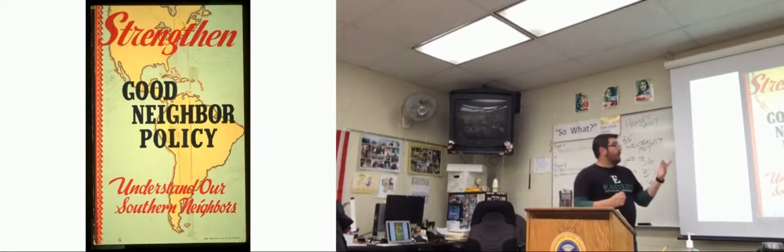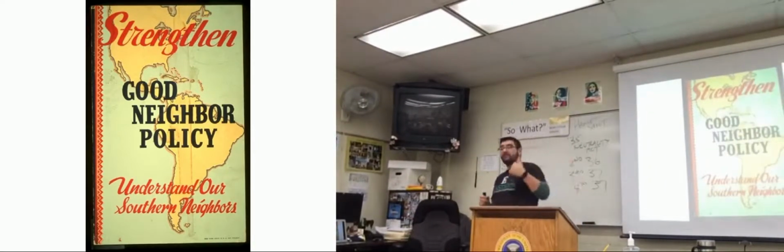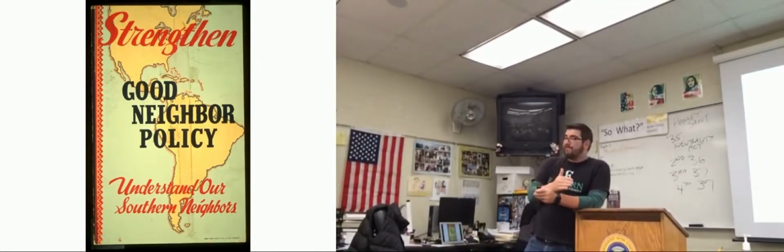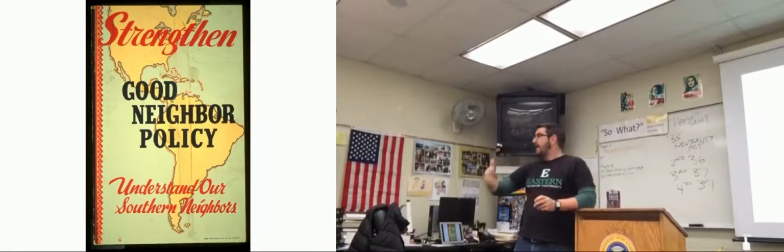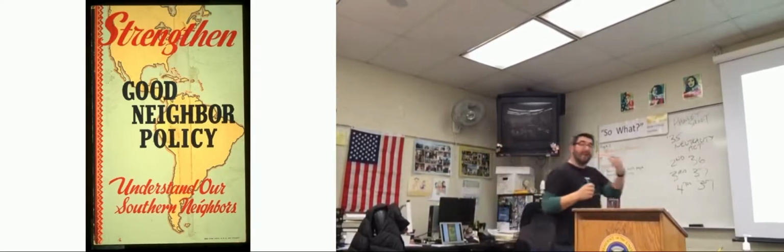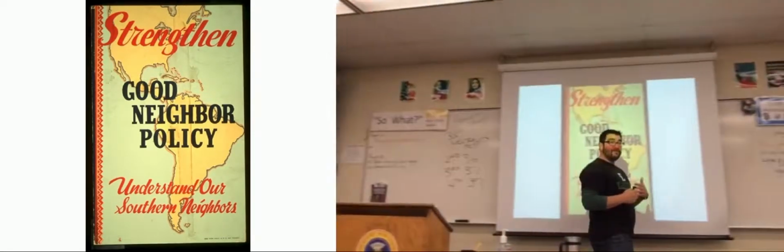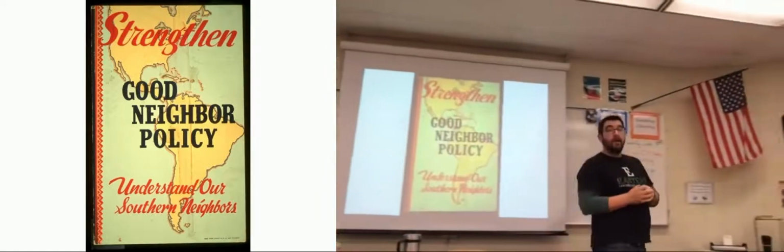If you recall, prior to Roosevelt, prior to the 1930s, the United States did not have a very good relationship with Latin American countries. How would you guys characterize America's relationship with our Latin American neighbors prior to the 1930s? Hostile, colonial, imperial. We were imperialistic. Can you give me any specific examples of things that the United States might have done? Cuba.